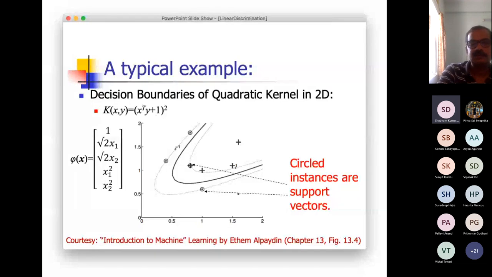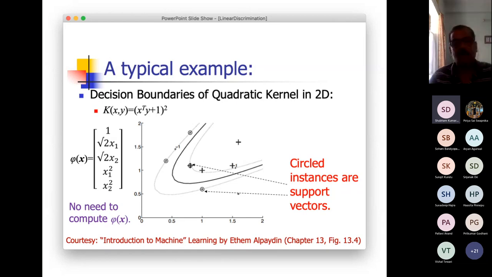But using kernel function, all these direct computations are not used. So simple kernel functions will be providing you this kind of classification. In the projected space, it becomes linear, but in the original feature space, these decision boundaries are nonlinear. So that you should understand here.